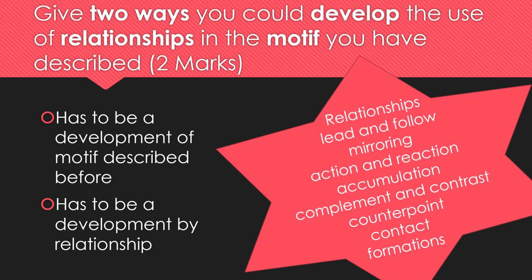That would be a development and you change their formation. You could put that the dancers turn towards each other, they still punch outwards, but they do it one after the other. So that is showing me that they've done action reaction. That is a development of the motif that you've previously described.